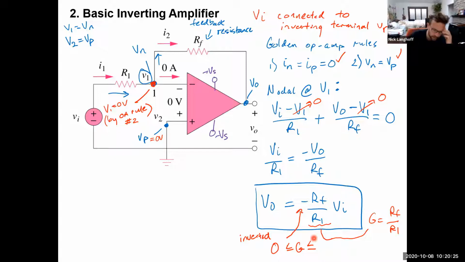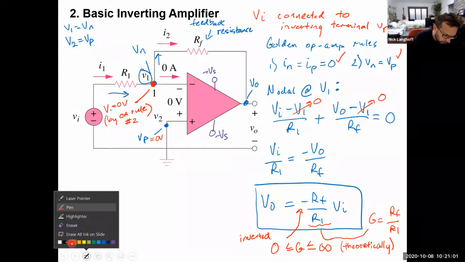Or we could make R1 0, and the gain is then infinite, or RF could be infinity. That's just theoretically. Of course, the op amp won't be able to infinitely amplify the signal.